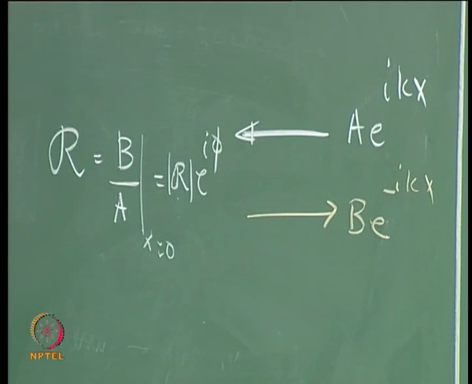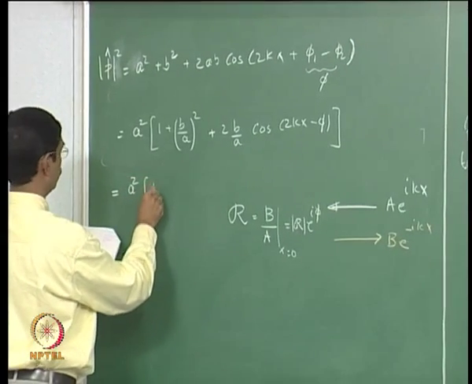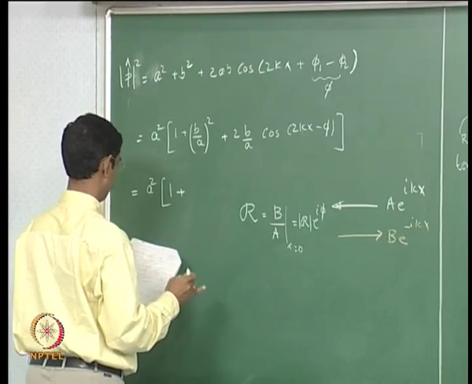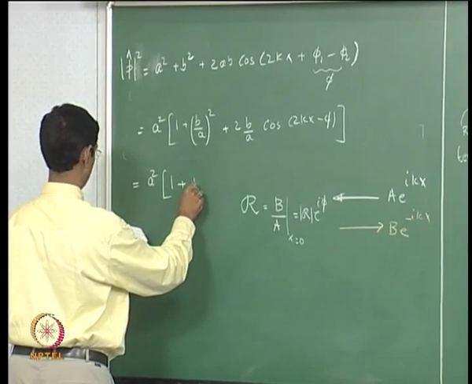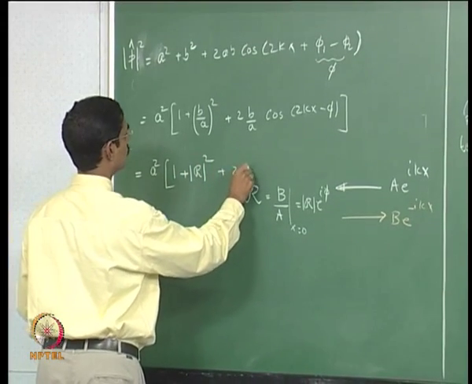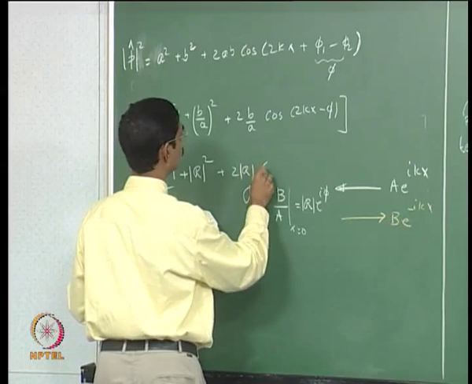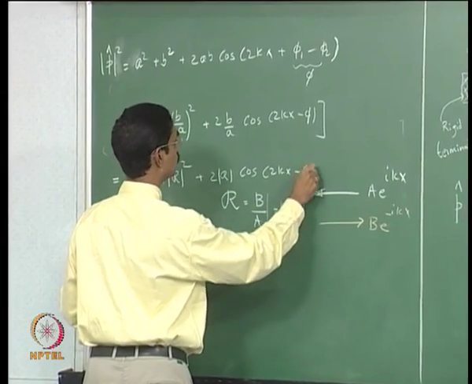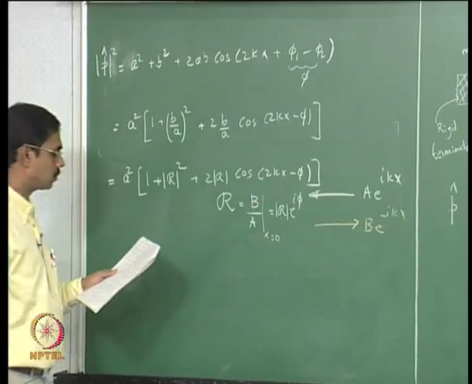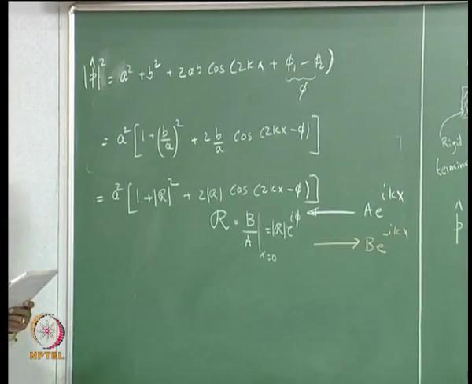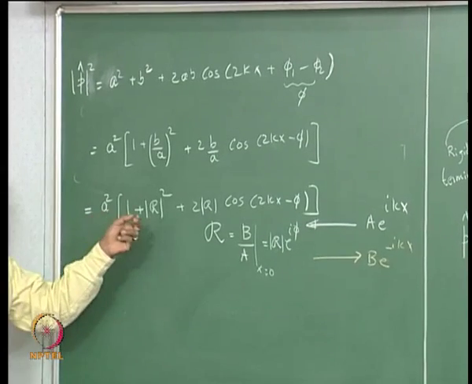So this would be A squared into 1 plus... now I have rewritten the expression for the standing wave in terms of a reflection coefficient.